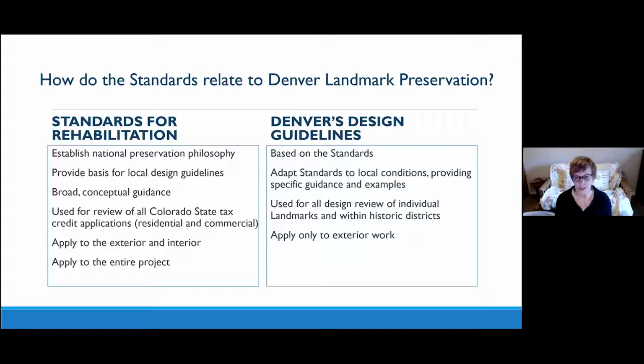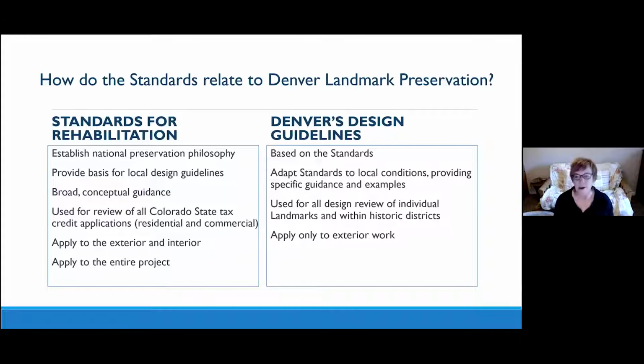So this is one of the ways that they really intersect with Denver landmark preservation. If you are applying to Denver for a residential tax credit, it is the standards for rehabilitation we will use to review your tax credit, not our own Denver design guidelines. That way we use these very frequently.